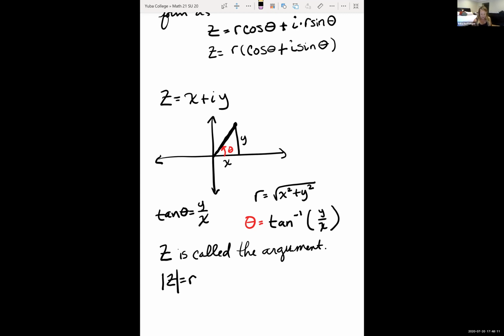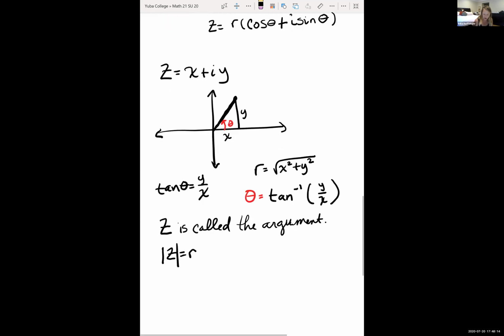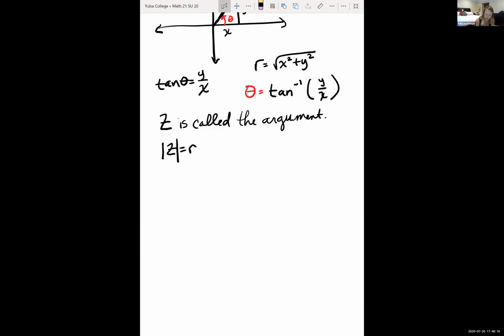Okay, so this book brings in something that the other textbook hasn't called by this name, but you have Euler's formula. And it's just another way to write this. So if you have e raised to i times theta, this is the same thing as cosine theta plus i sine theta.